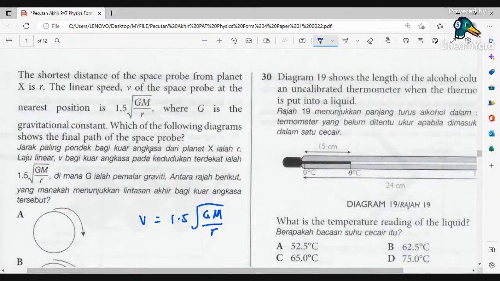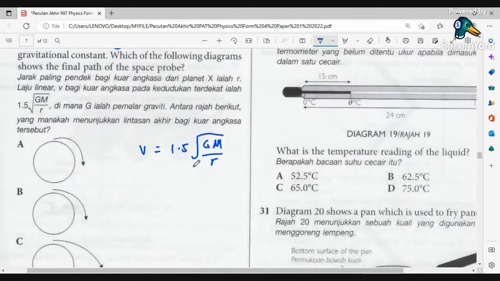It is 1.5 times higher compared with the shortest distance. For the shortest distance, v is the square root of GM by r.